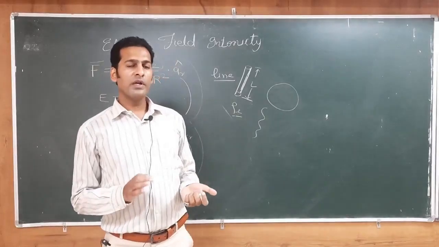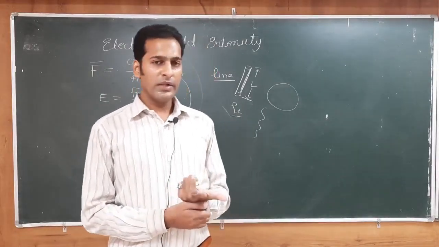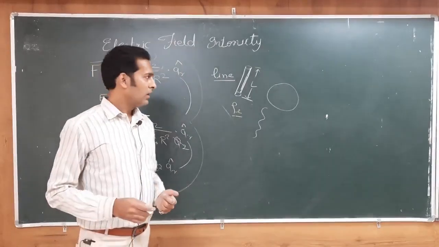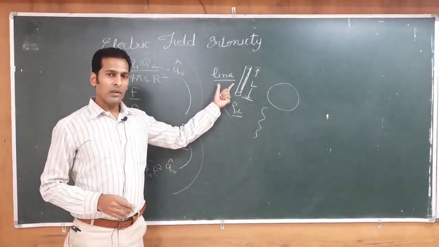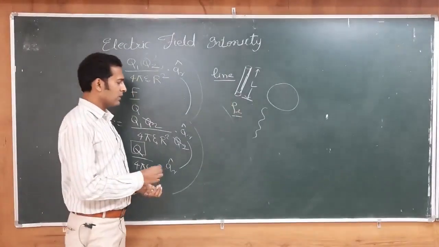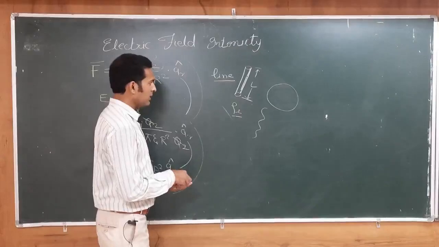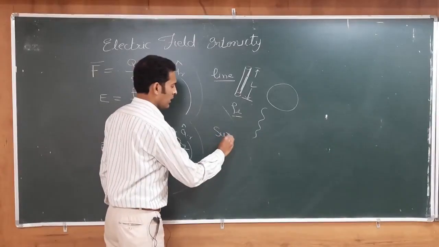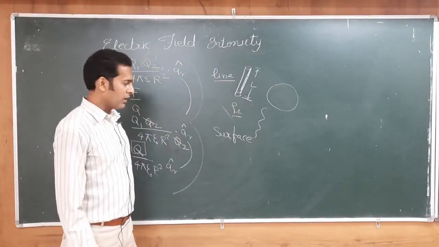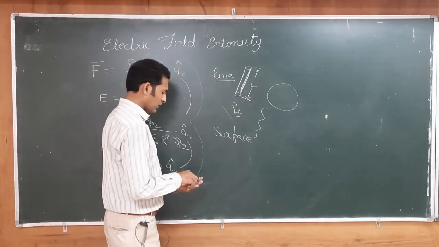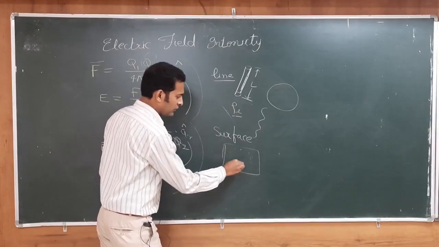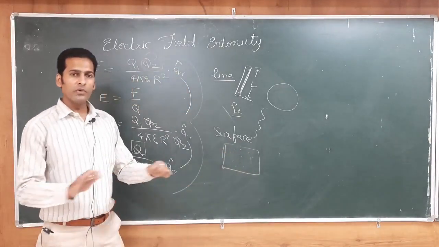Similarly, my surface may be a square shape, triangular shape, a plane, like there may be a printed antenna. So, another possible shape where charges may be present is a surface. So, another case we can have is surface charge density. One possible source is line charge, another possible source is surface. There may be some surface on which a number of charges are distributed.